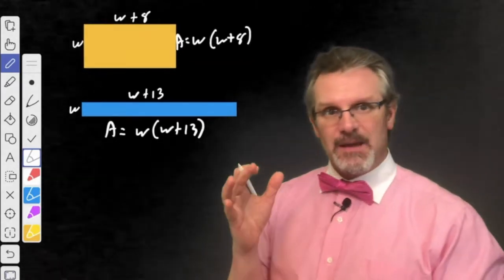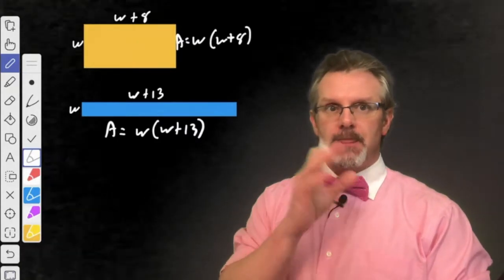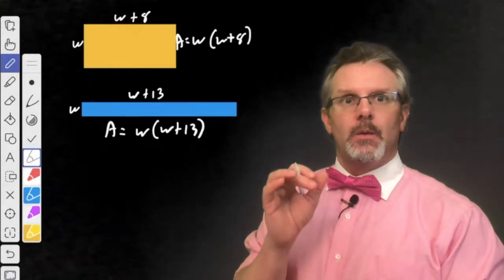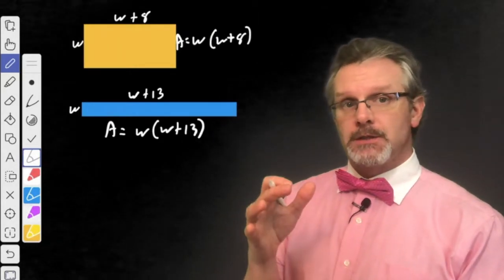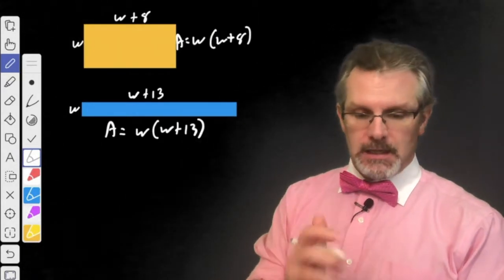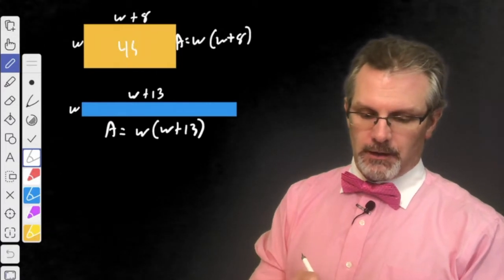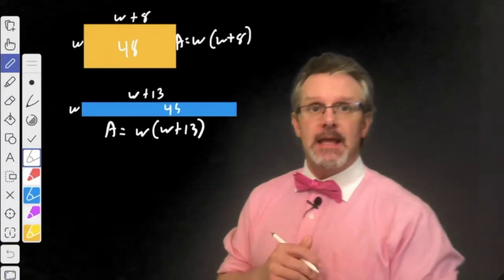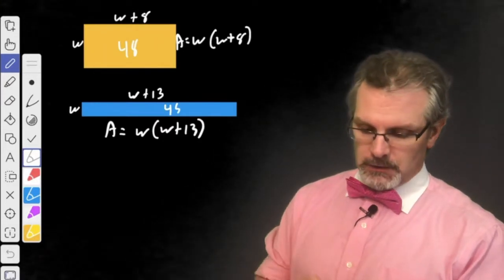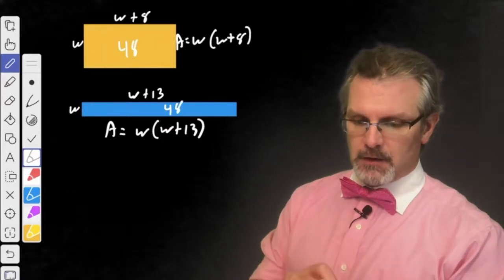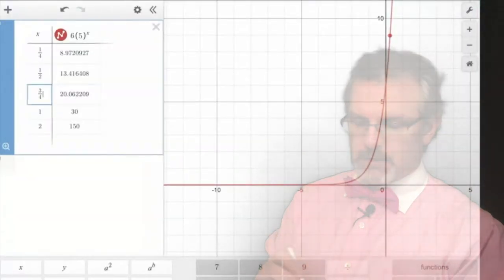So what happens in each of these cases? We have two different graphs, two different equations that both equal a total of 48. They each equal a total of 48. So let's go. I'm going to go into the graphing calculator and let's clear this guy out.